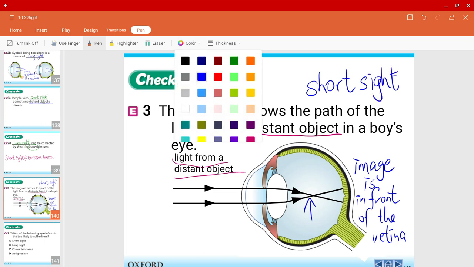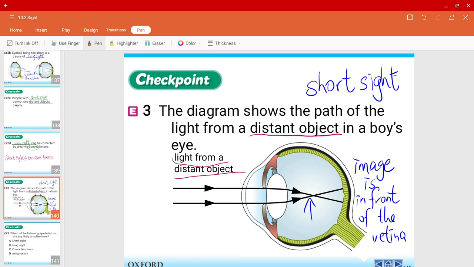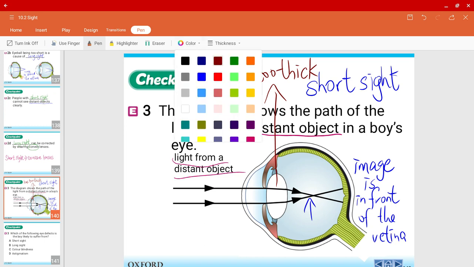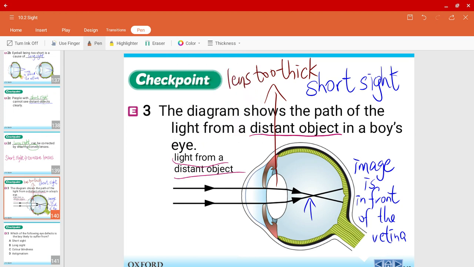And also, there are two other hints in the question that I could see. The second hint is that the lens is very thick. The lens is too thick. So this is another problem for people with short-sightedness. And another hint is, why will the question ask me for a distant object?